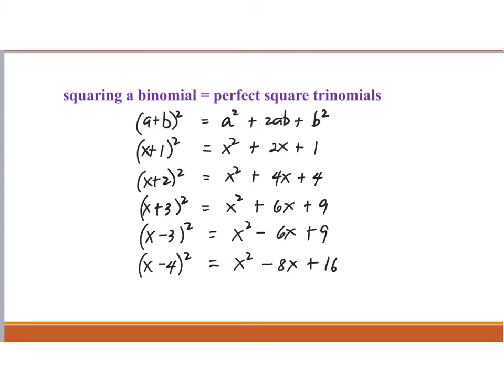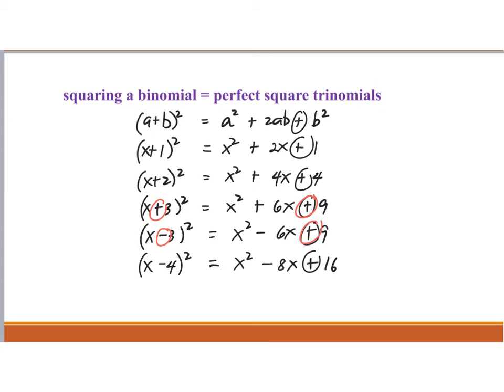Perfect square trinomials have some very interesting patterns. One pattern that is very easy to see is that the last terms are all positive. It doesn't matter whether you're squaring a sum or a difference, the result will always have a positive last term.